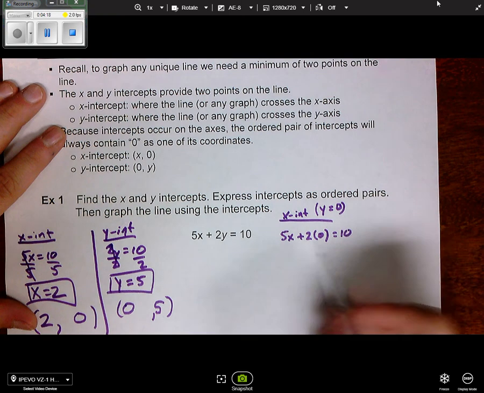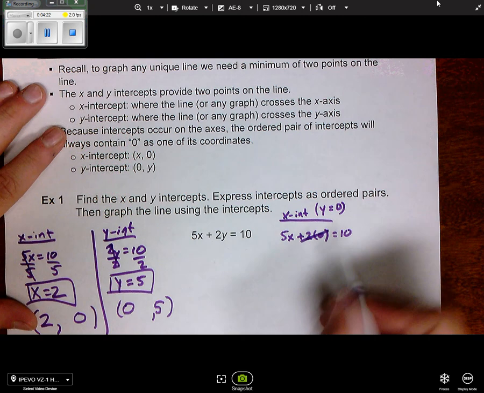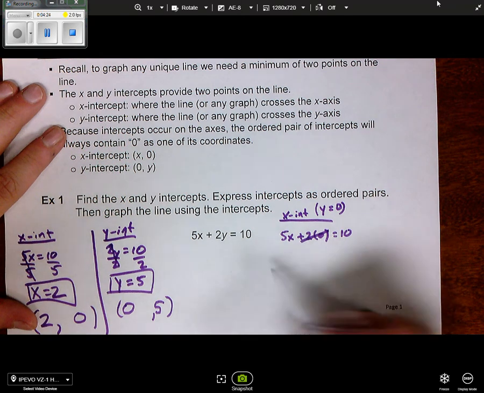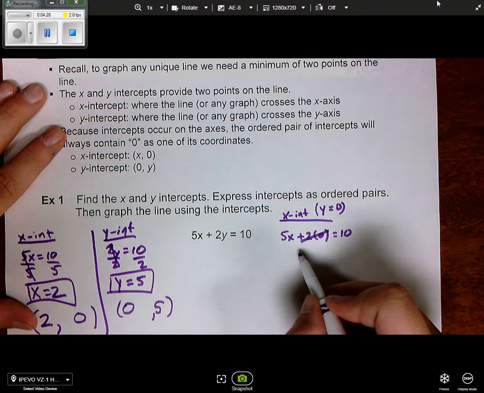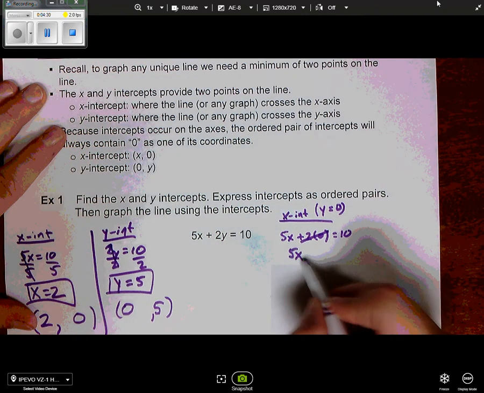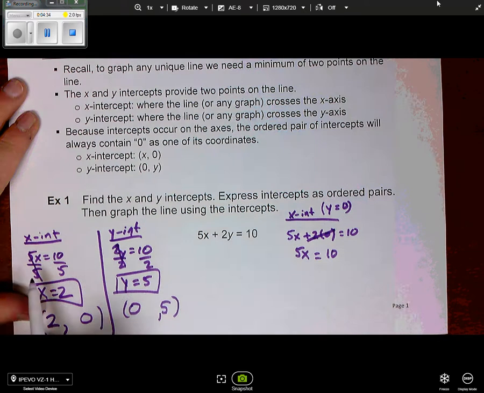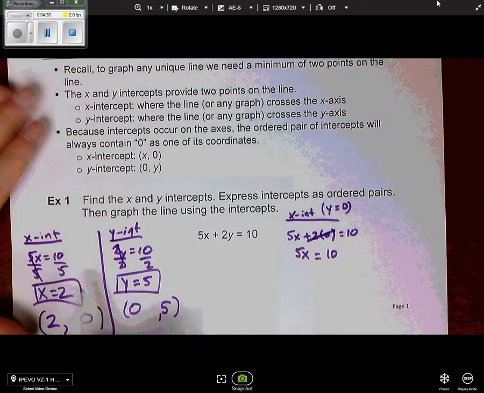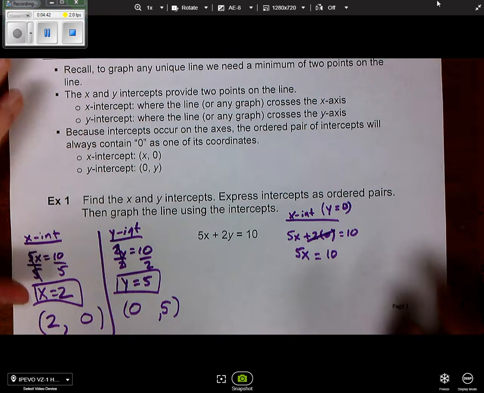Now what happens here? 2 times 0 is what? 0, right? This completely falls out. 0 plus 5x is 5x. And what do you know? We're getting the same thing that we got over here doing the cover-up method. And I'm still getting my intercepts, but I think with the cover-up method it's a little bit faster.